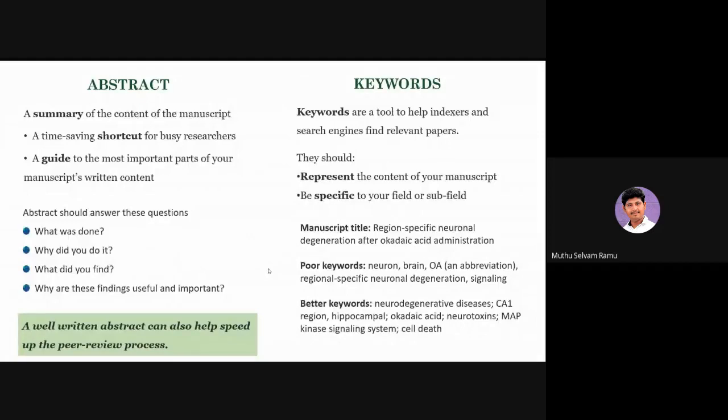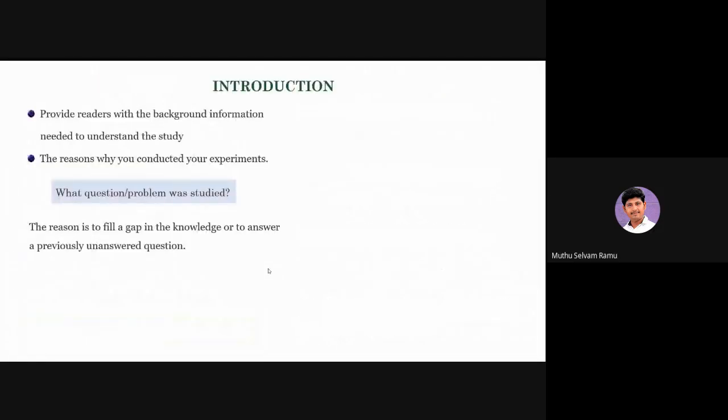It should not pull your article when someone types a query in the query box. It should be precise and logical, and it should bring your article up in the queue when someone has typed these keywords. Next slide.